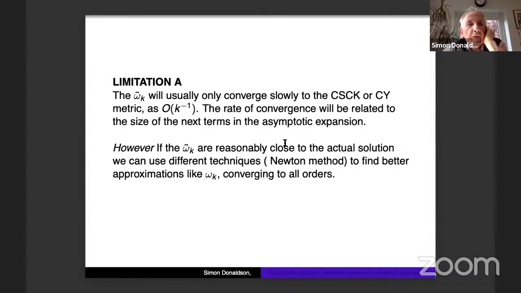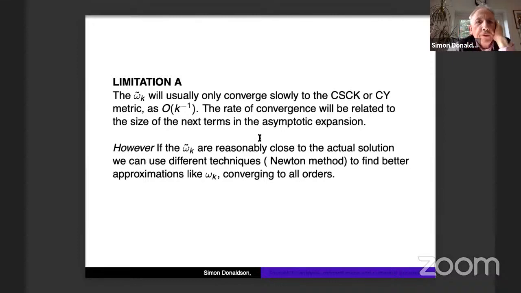So if we say we want to get an approximation 10 times as good, so we want to multiply k by 10, our matrices will be getting much, much bigger. So in practice, we don't want to take k to be some enormous number, because it would introduce new difficulties, shall we say.